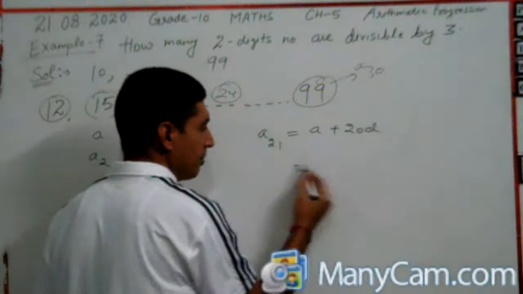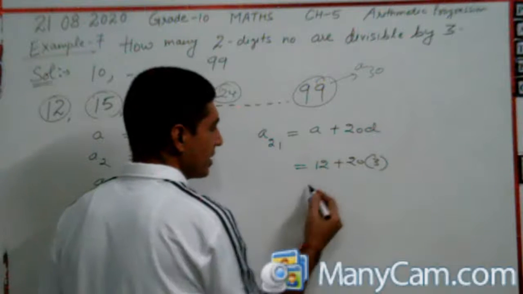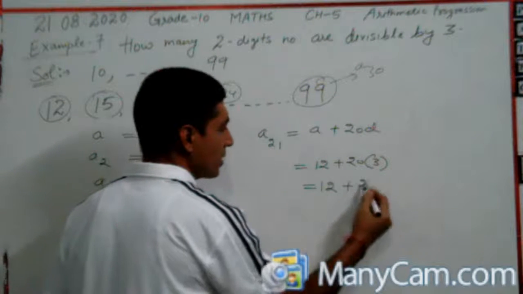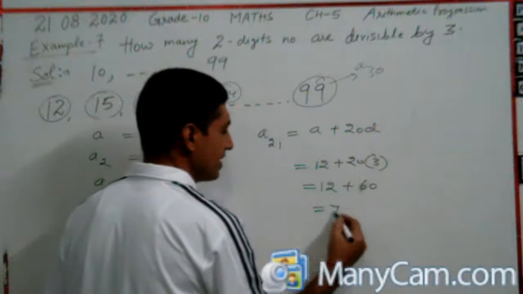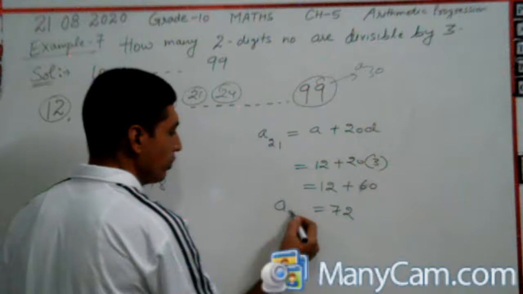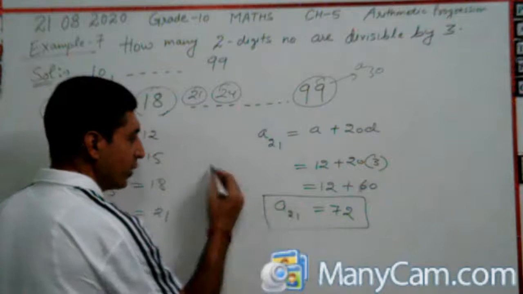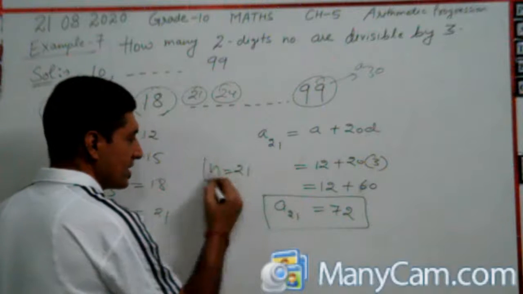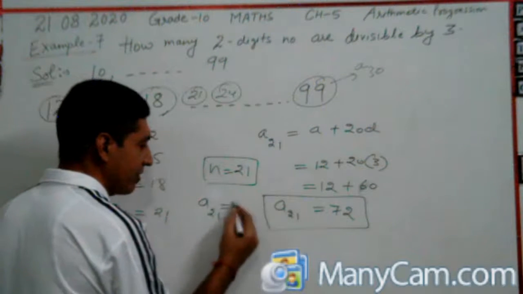A is 12, d is 3, so we have 12 plus 60, that is 72. The number 72 will come at the 21st position. n is 21 and A21 is 72.